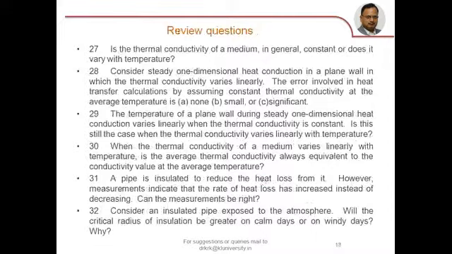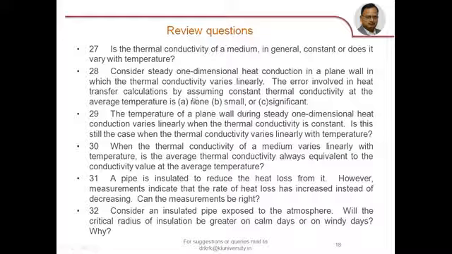So now let us take a few more review questions on the topics till date we have covered. Is the thermal conductivity of a medium in general constant or does it vary with temperature? Consider steady one-dimensional heat conduction in a plane wall in which thermal conductivity varies linearly.